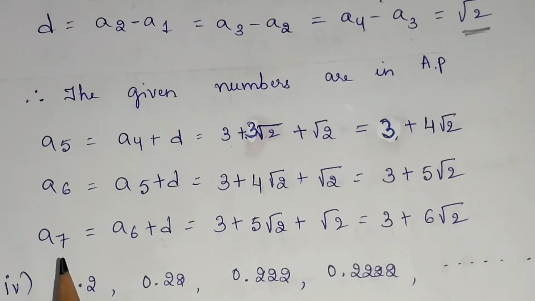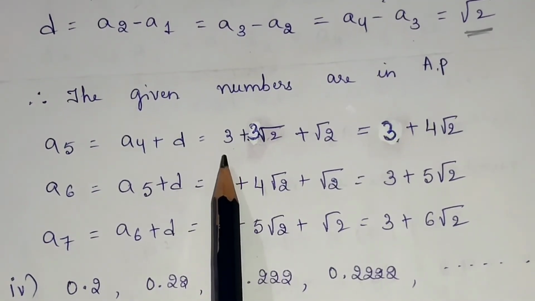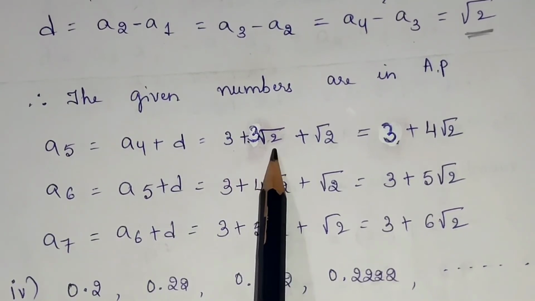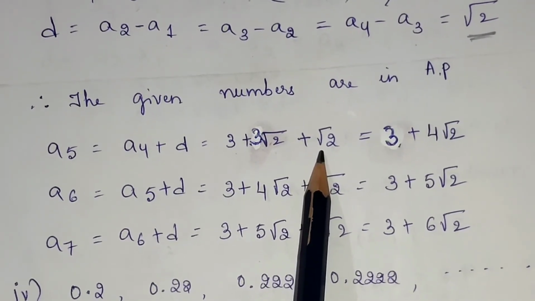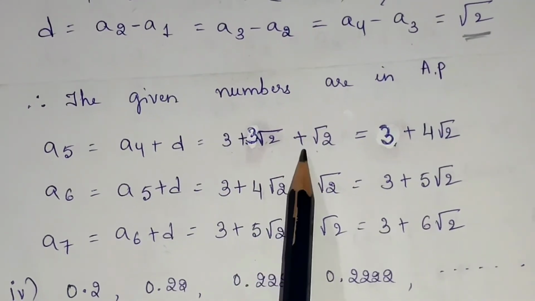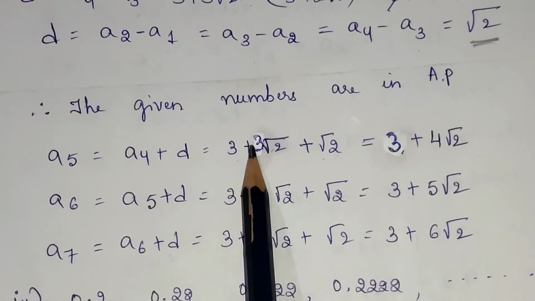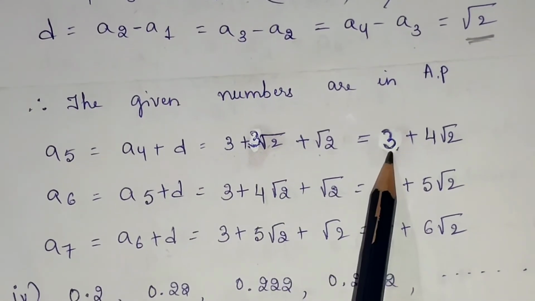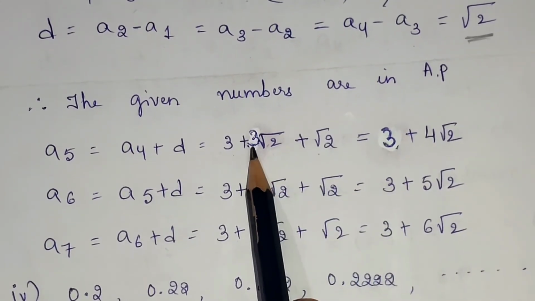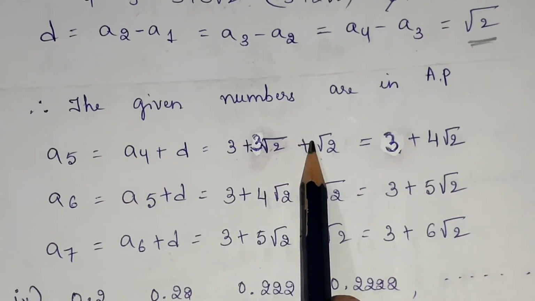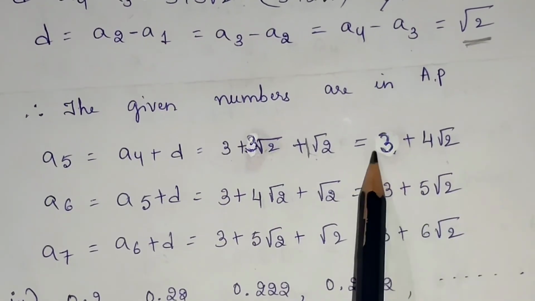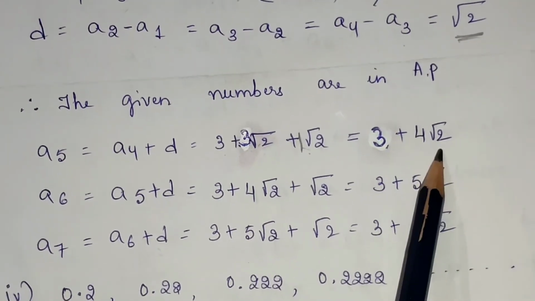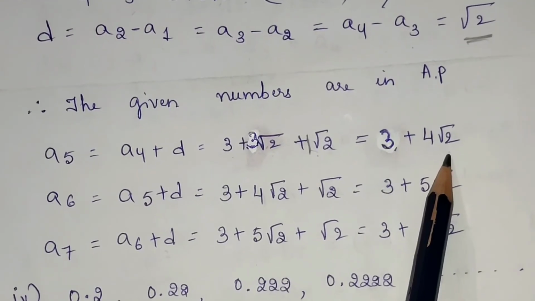The last term, that is the fourth term, was given as 3 plus 3 root 2. Add the common difference to it, that is root 2. Since there is no whole number, write 3 as it is and add 3 root 2 to 1 root 2. You will get 4 root 2. That is 3 plus 4 root 2 is the fifth term of that AP.